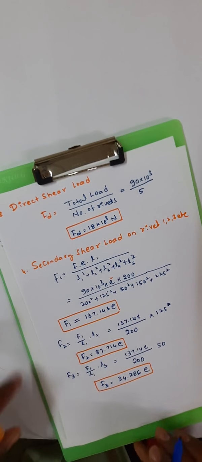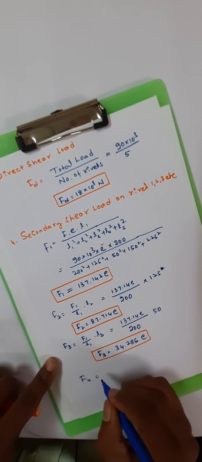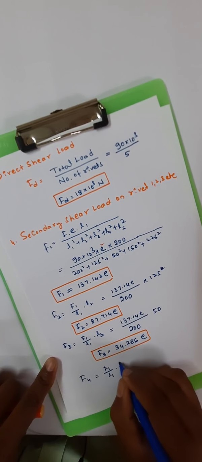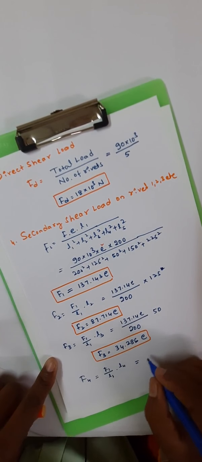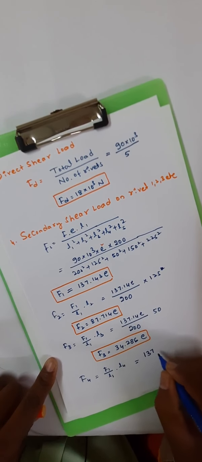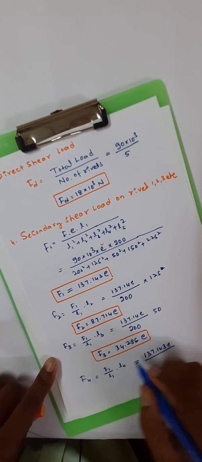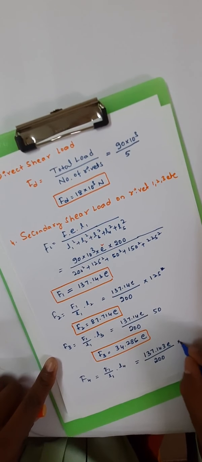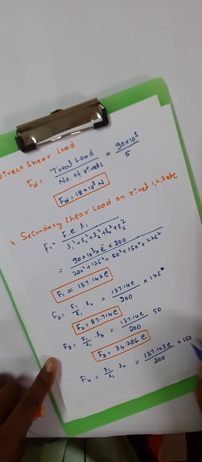In the same way we need to find F4. Similarly, here also F1 by L1 into L4. If you substitute the values in this equation, F1 is 137.143 E divided by L1, which is 200, into L4, which is 150.